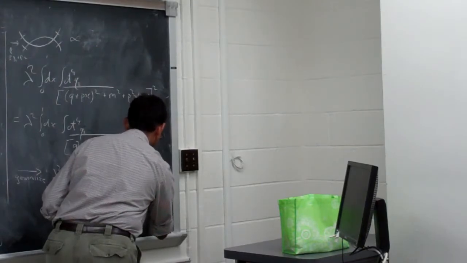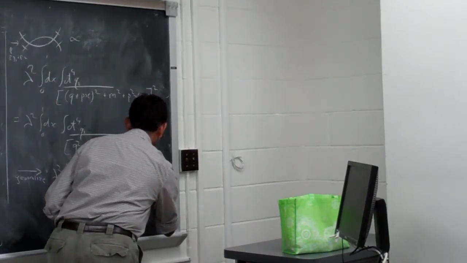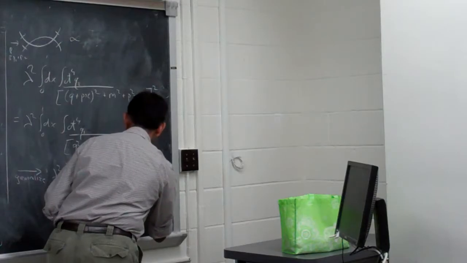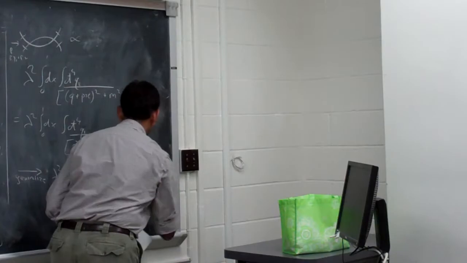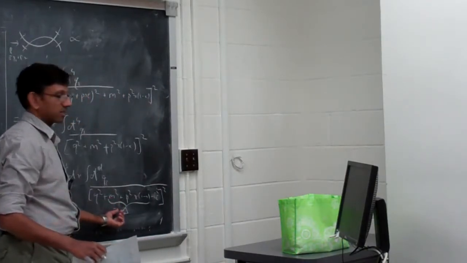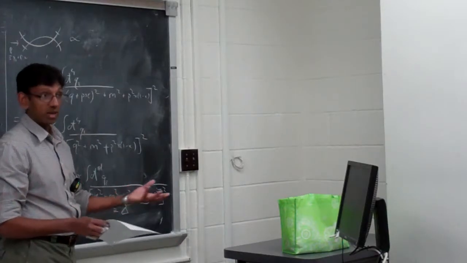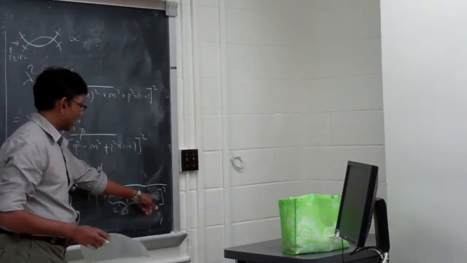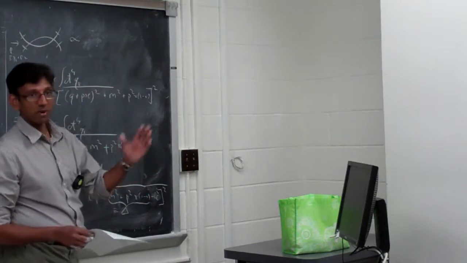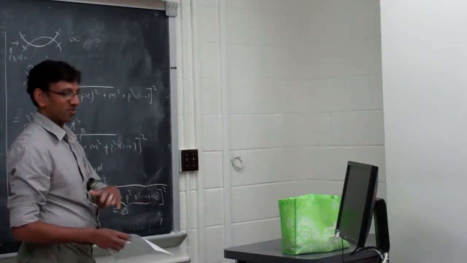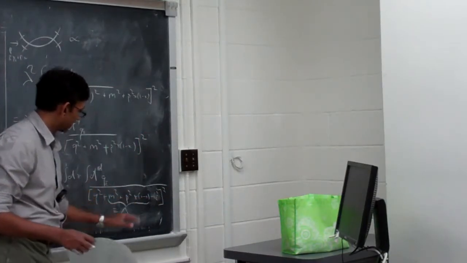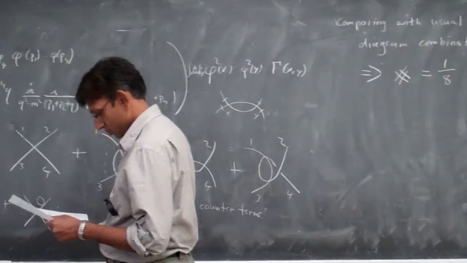The i epsilon is telling you, once you get the function of delta, and if the function of delta has some branch cuts like we saw in the self-energy, the i epsilon tells you whether to go above the branch cut or below the branch cut. So I've forgotten that. Look at the self-energy.